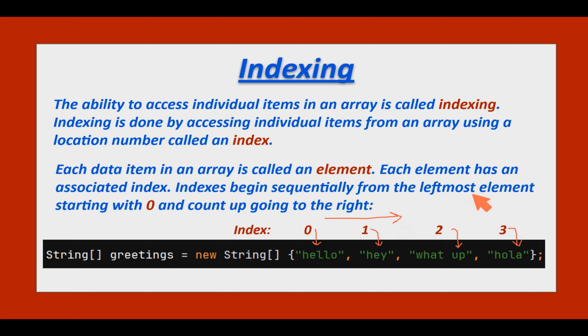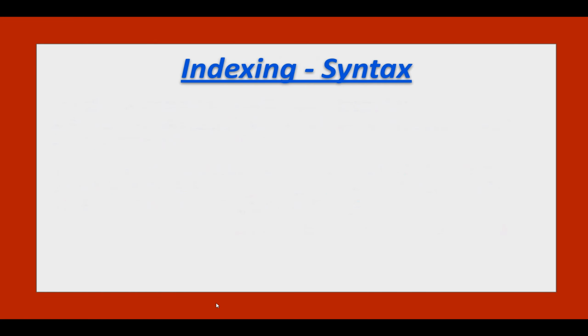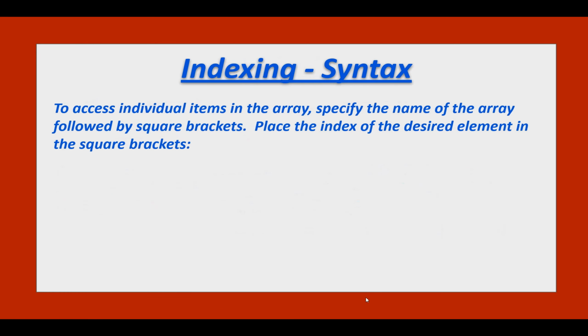Now I'm going to show you how to use indexes to access individual items, which is what indexes are really used for. To access individual items in the array, you're going to specify the name of the array, followed by a set of square brackets.